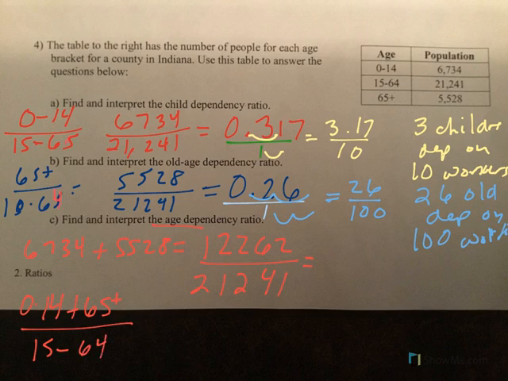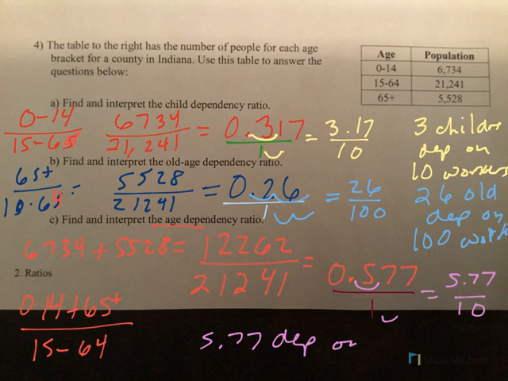Gives us a decimal of approximately 0.577. So over 1, let's go ahead and move that. So 5.77 over 10. So 5.77 dependents on every 10 workers. And there's your practice page on ratios.